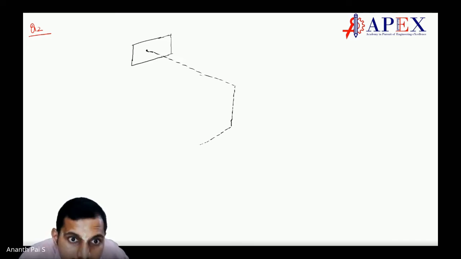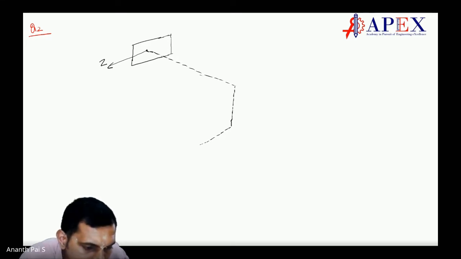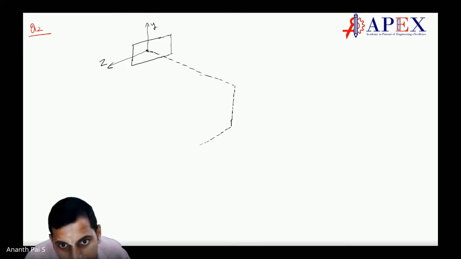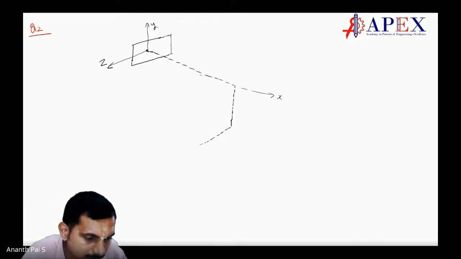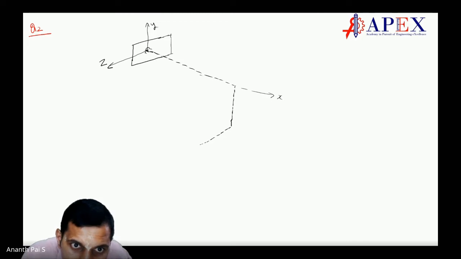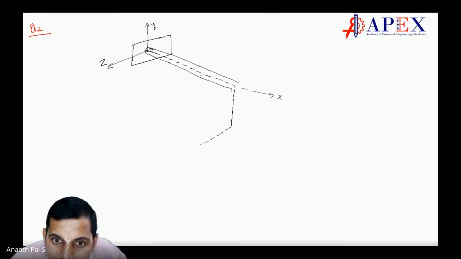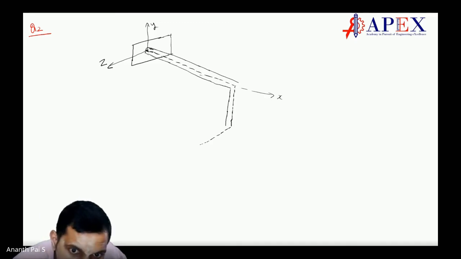So let us say this is Z, this is Y, and this is X. Along this, there is a rod here, students, and then it comes down something like this, and then it goes this way.